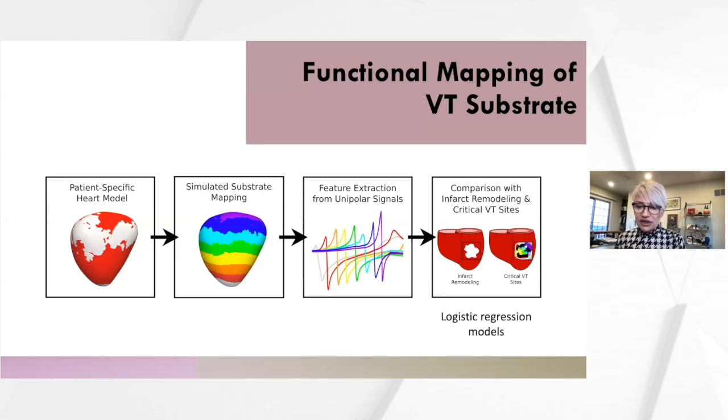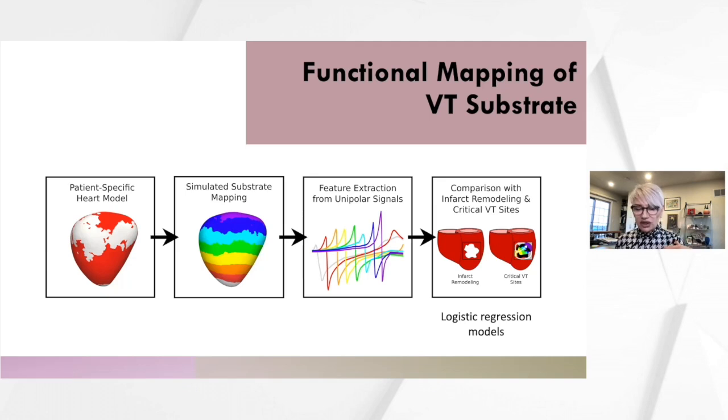We then completed the analysis using logistic regression models to compare whether the maps of electroanatomical features correlated with the infarct remodeling and with critical VT sites, as well as with each other.